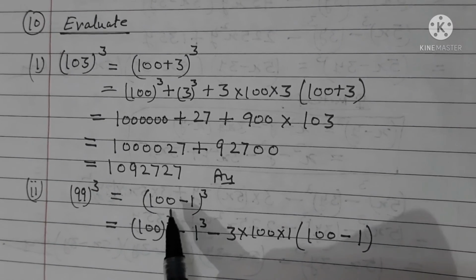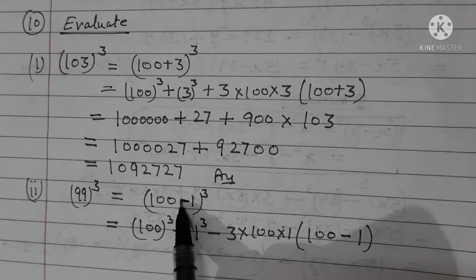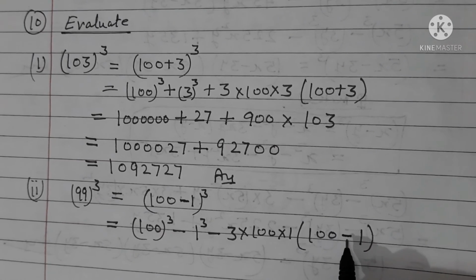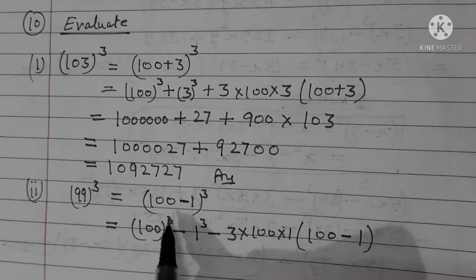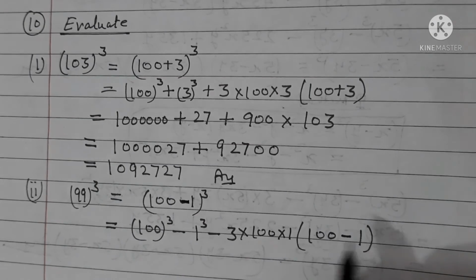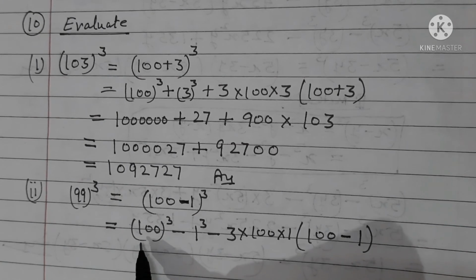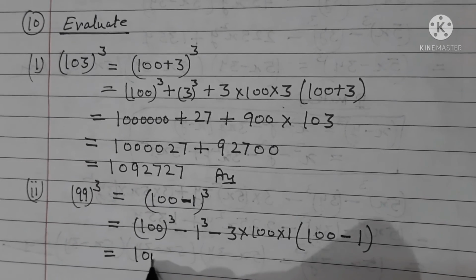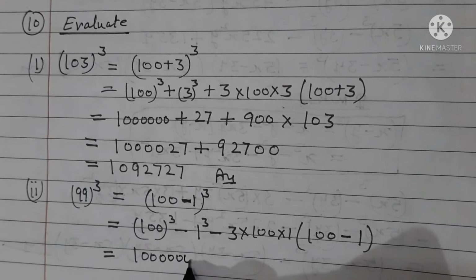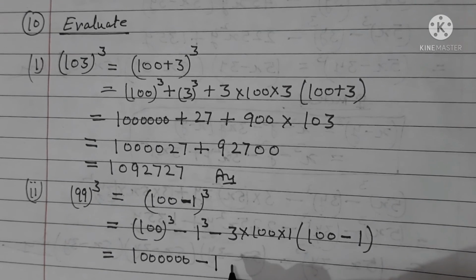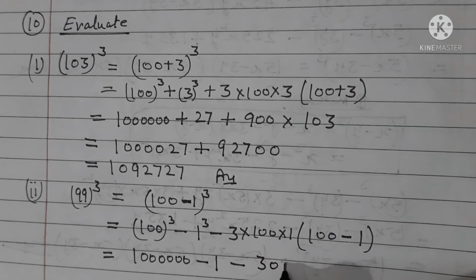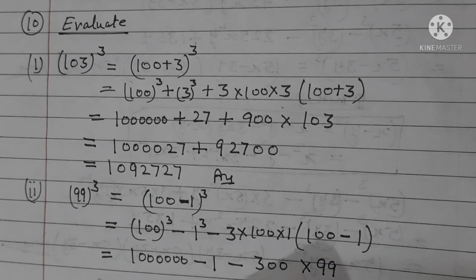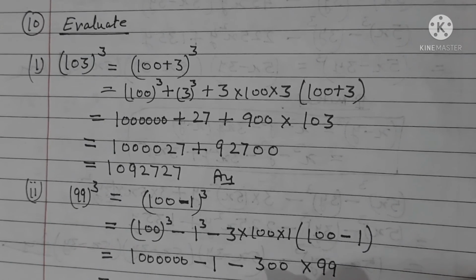So don't miss the sign, which will be wrong. So learn the formula strictly. Here 100 cube, now correct. You can write it 1 2 3 4 5 6 0 minus 1 minus 399. Now solve it.